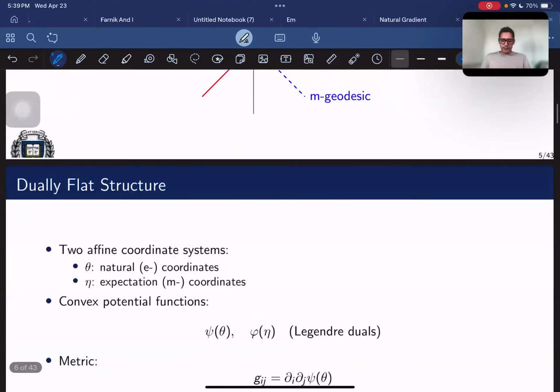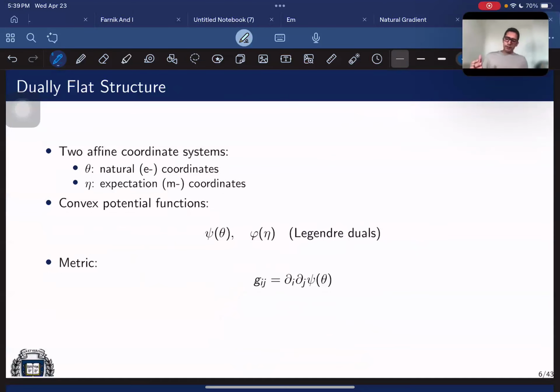With this, we created a dually flat structure over the space of all probability distributions with the metric of information geometry.